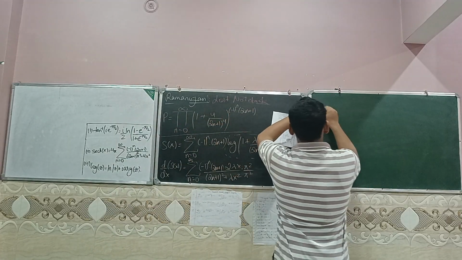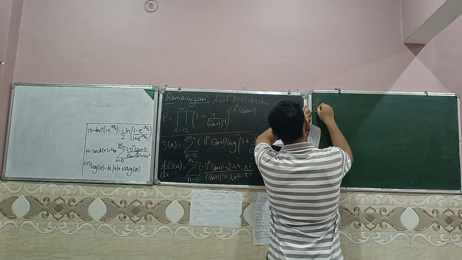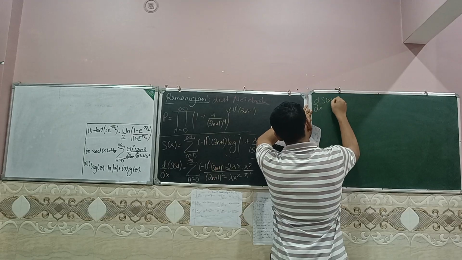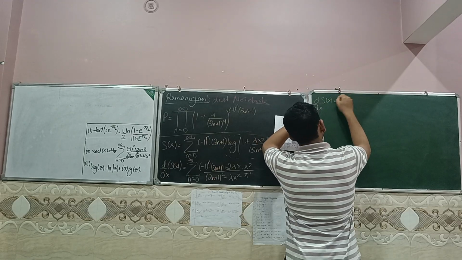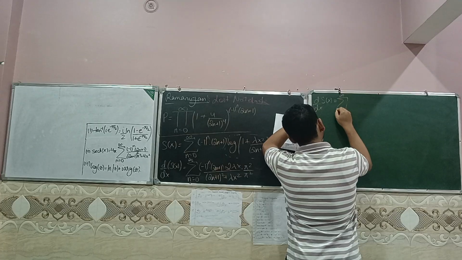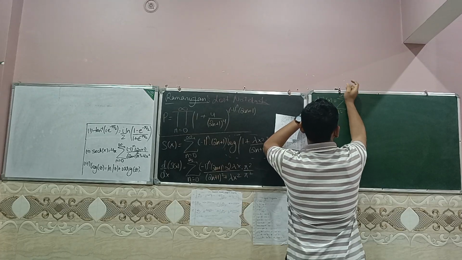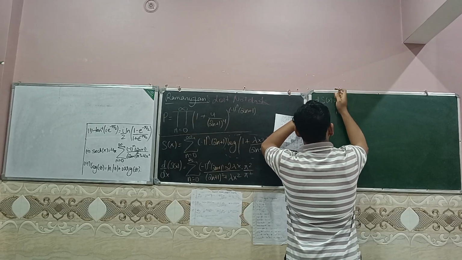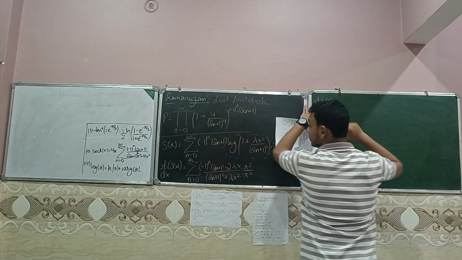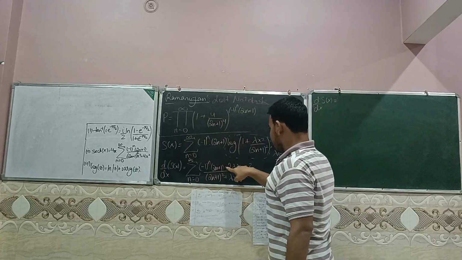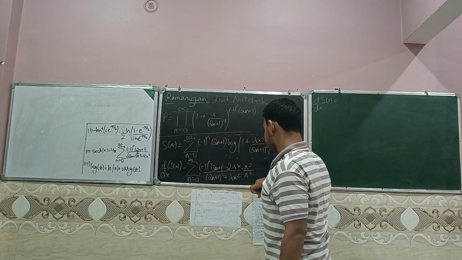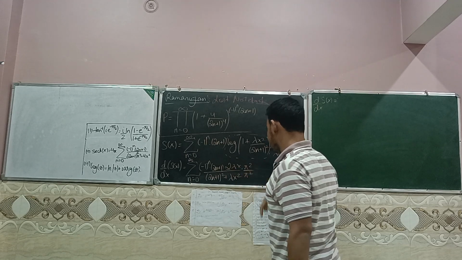So the derivative of s of x equals the sum, or maybe I should write it, I should just take some constants out of the series. That is, I can take these two things, right?